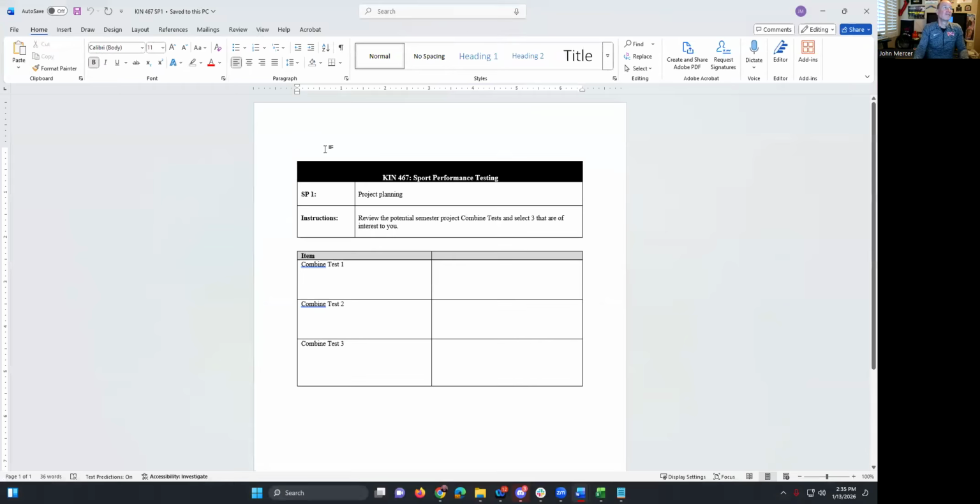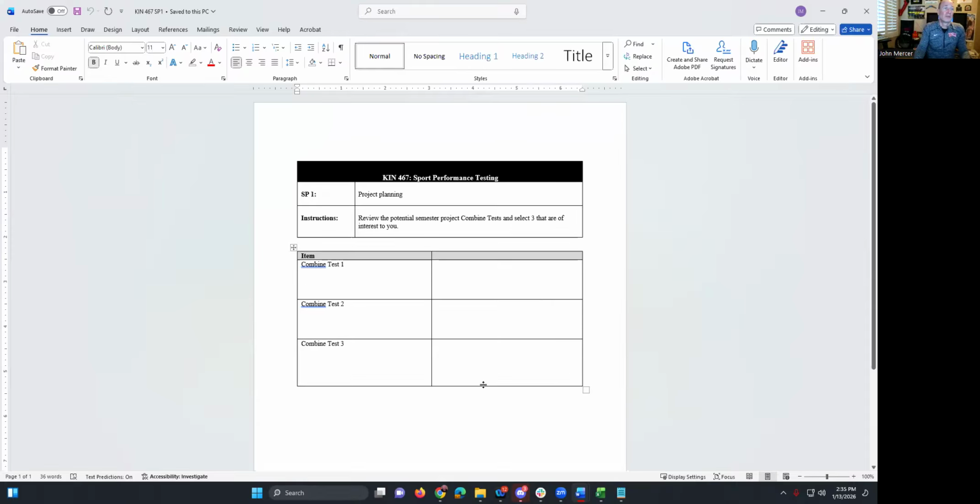Okay, there we go. All right, semester project 1 is we start our project planning. Review the different combined tests that are part of the semester project guideline packet, and identify 3 that are of interest to you. If you see other tests that are not on my list, you can add to the list. Okay, very flexible at this stage.